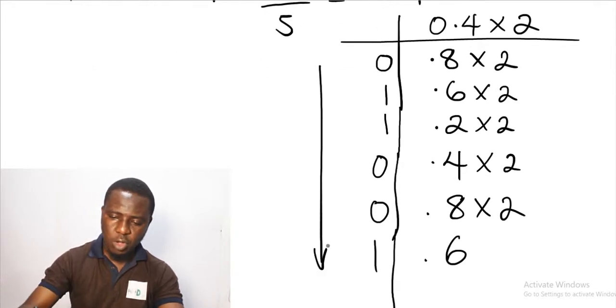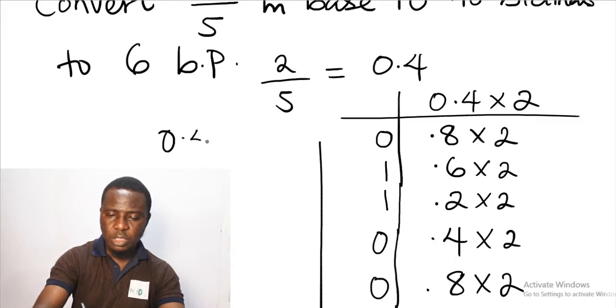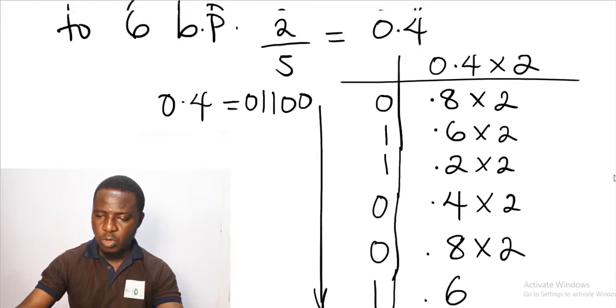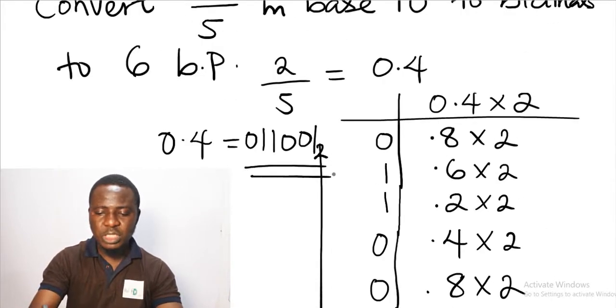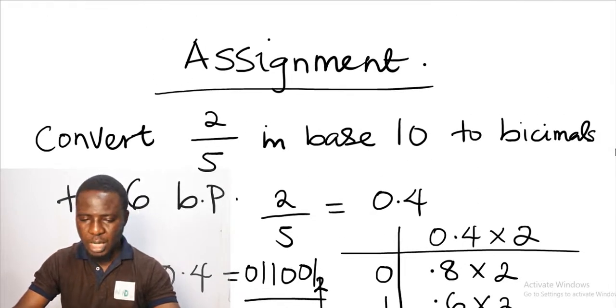So therefore, our equivalent of 0.4 is 0.11001 in base 2. So this is its equivalent in base 2.